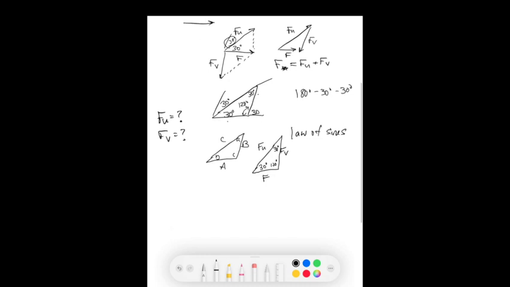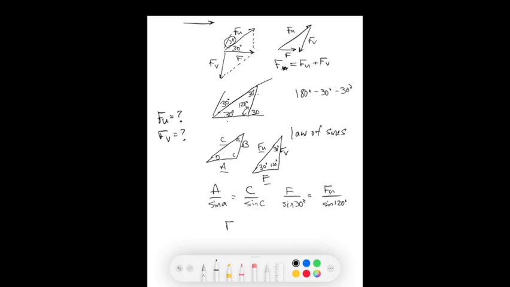Okay. So we want to solve for FU. Well, we'll put A over sine A is equal to C over sine C. And so that is going to be A is F, right? C is FU. Okay, so we see that F over sine of 30 is equal to FU over sine of 120 degrees.